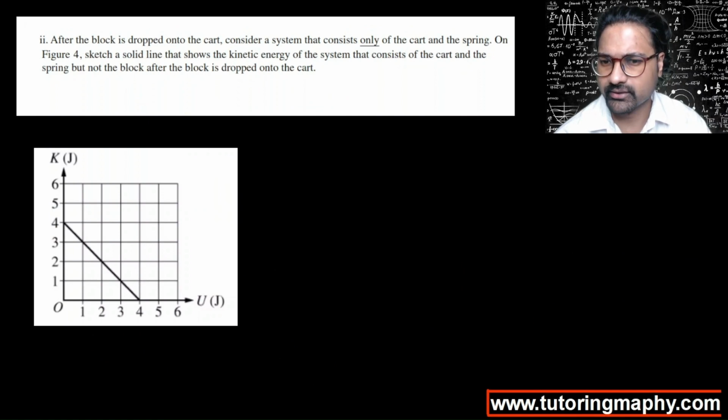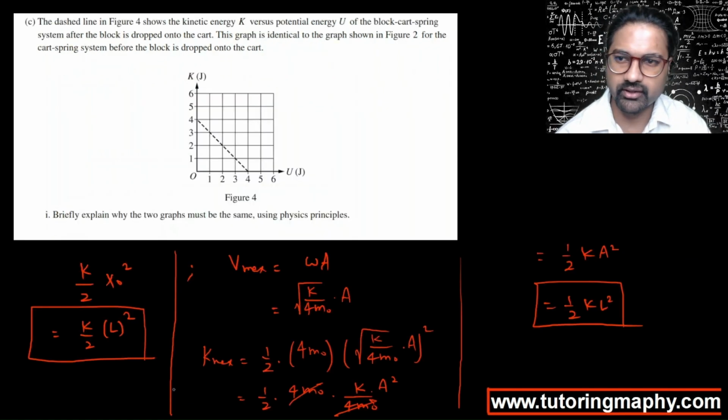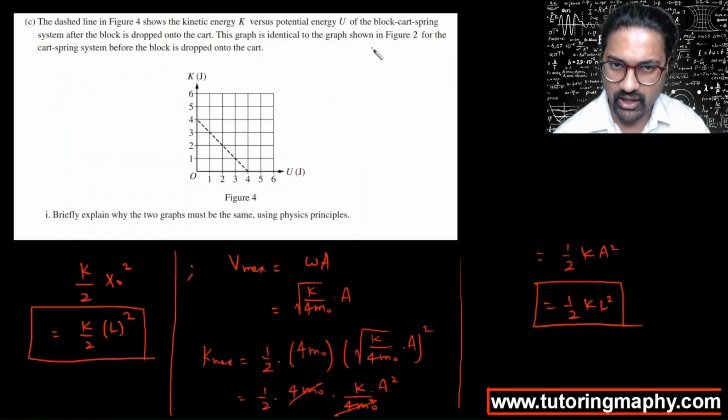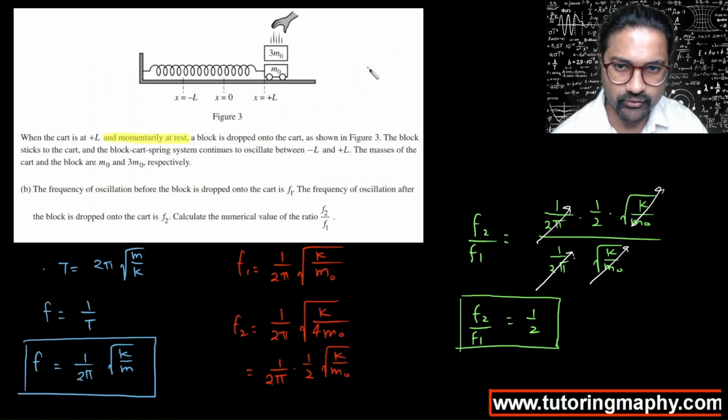Let's go to, I think this is the last part. In fact, this is part C, part 2. After the block is dropped onto the cart, consider a system that consists of only the cart and the spring. So not the block. What is the block? If you are getting confused, a block is dropped.